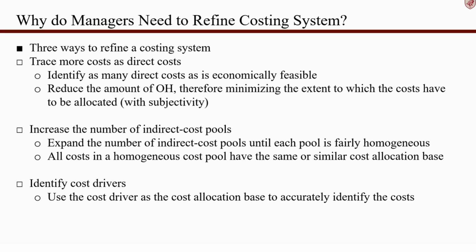The cost driver, on the other hand, is more of a fact. That is a factor that drives up the cost, right? So desirably speaking, the cost driver should be used as a cost allocation base to accurately identify the cost. Of course, realistically, there are many overheads where cost driver is not really clear, right?